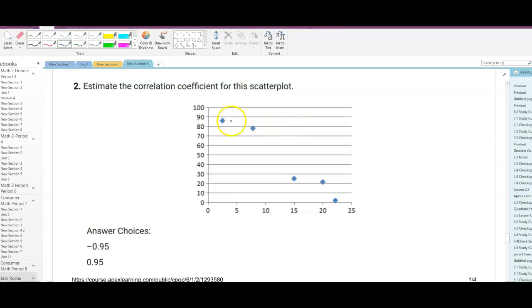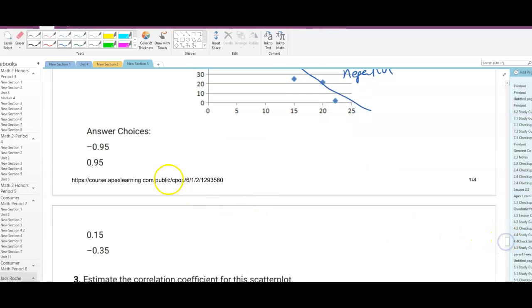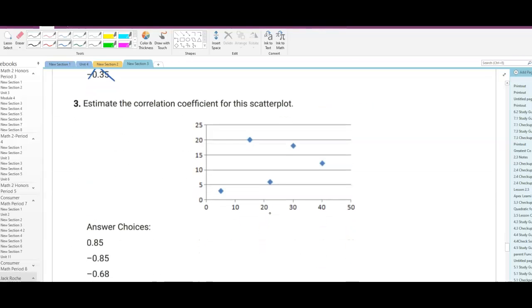Here, if I look, this tends to be, again, pretty strong. But since you're going downhill, it's strong negative. And when I look at my options here, I know it's strong and it's negative. These are both weak. So it's going to be negative 0.95.